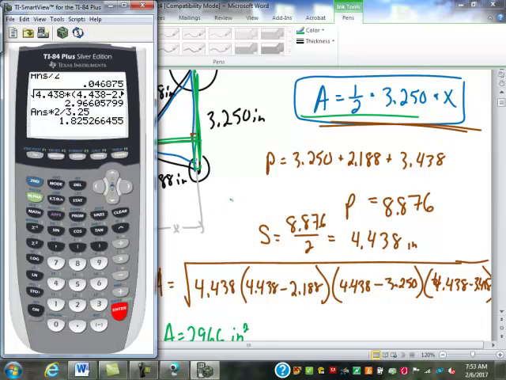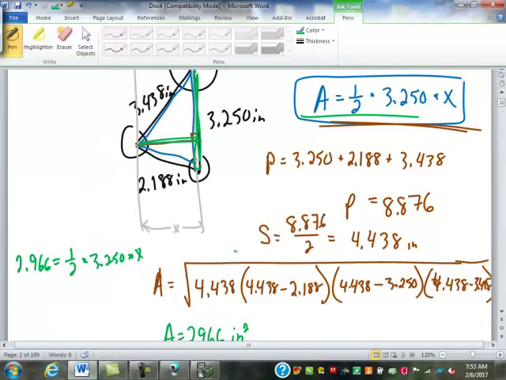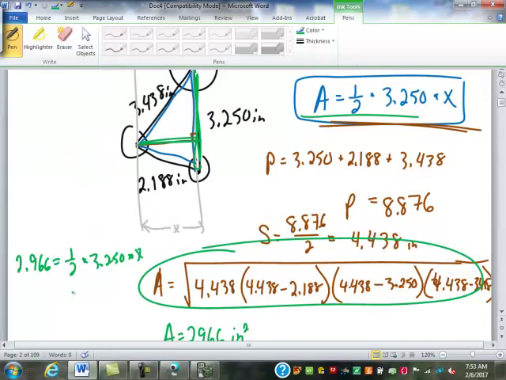I'm getting 1.825. That seems a bit off. I must have punched something in wrong here. Because the answer is 2.12, so I must have punched something in wrong on this formula when I punched it in. Not uncommon for me to miss a number.